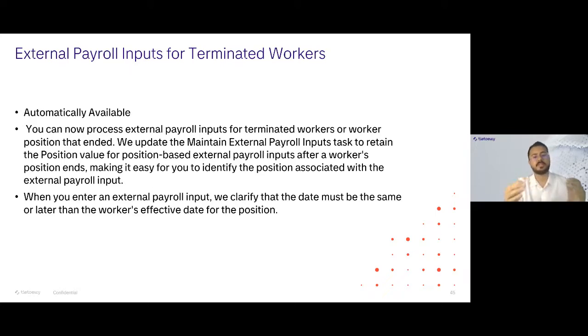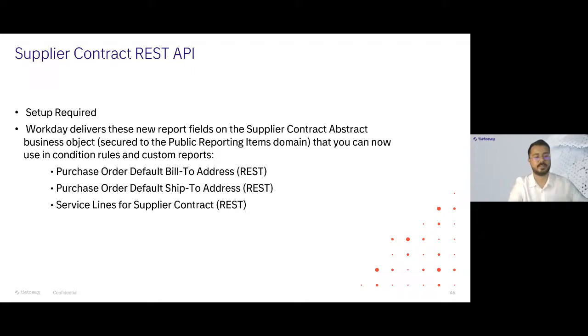So it makes it easy to identify the position which was associated with the external payroll input. And when you enter the external payroll input, Workday clarifies that the date must be the same as or later than the worker effective date for the position.